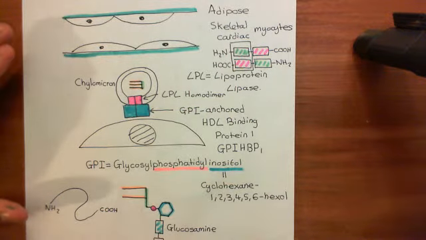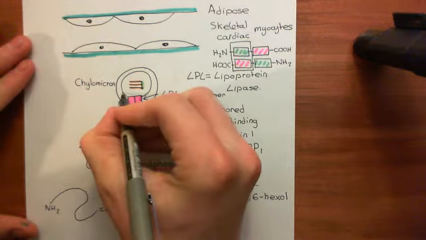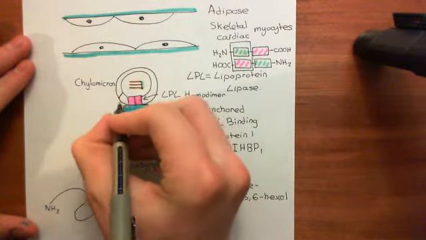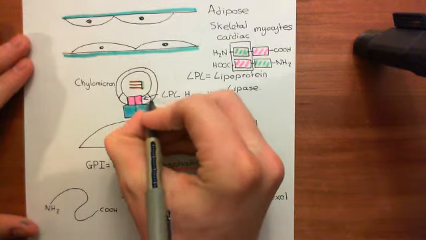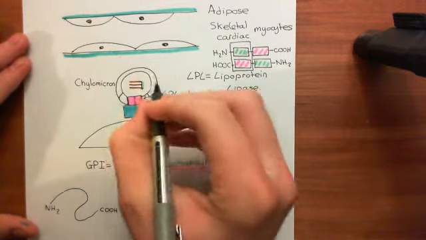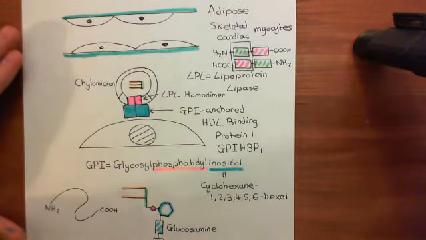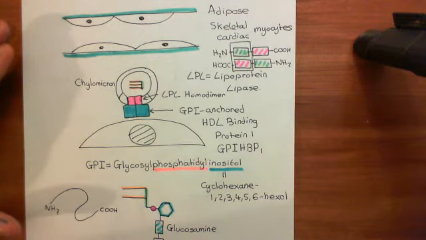But I should just mention that in order to activate the lipoprotein lipase, you need apoprotein C2 to bind. So remember, in the phospholipid monolayer on the outside of these chylomicrons, you have a great many different apolipoproteins.